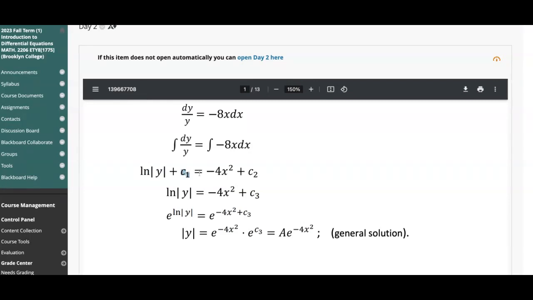Then plus a constant. Then we integrate negative ax, which is negative 4x squared, plus another constant. Again, just like Ryan did, we move those two constants together. We could call it C3, or we just call it C. So we get ln absolute value of y equals negative 4x squared plus a constant.